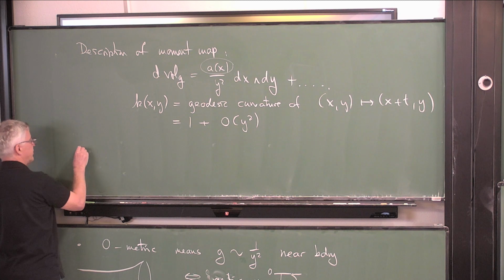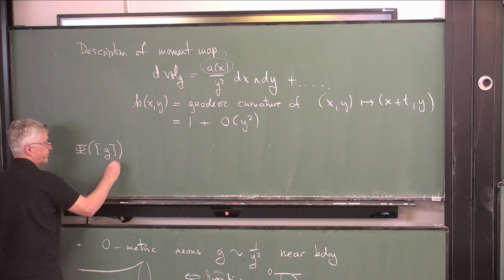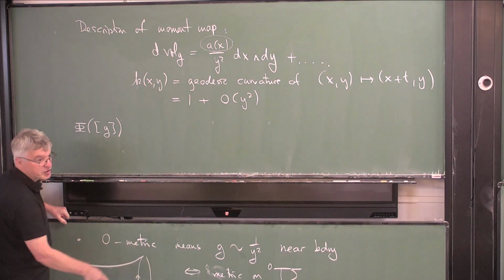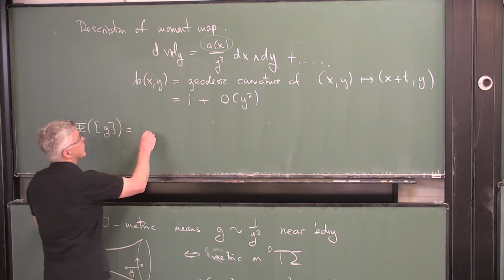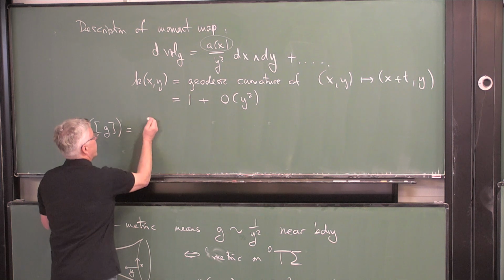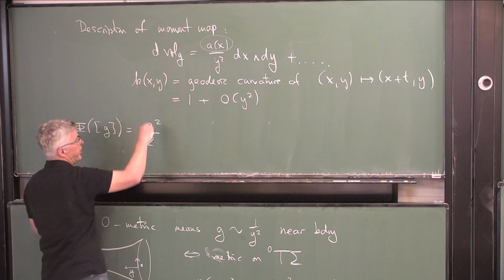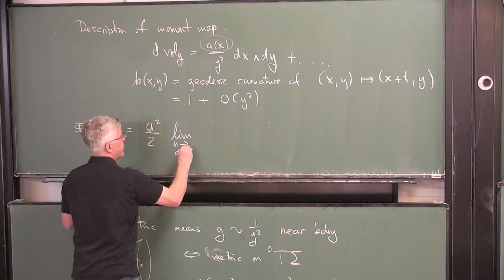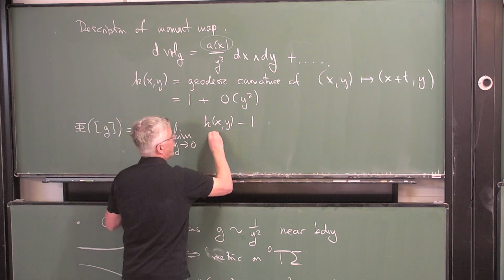Okay, so in those terms, the formula for the moment map is the following. So we have our hyperbolic zero metric, and I want to write down some quadratic differential, which is the moment map. The formula for it is a squared over 2, a function a times the limit as y goes to 0 of k of x, y minus 1 over y squared.